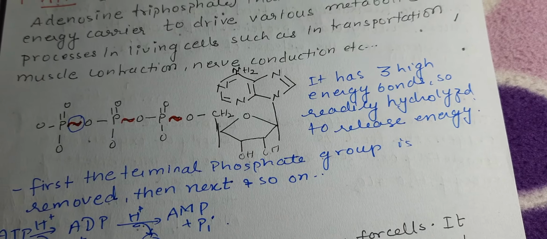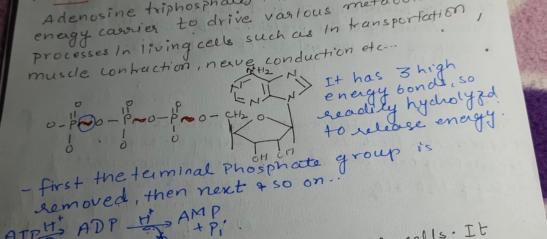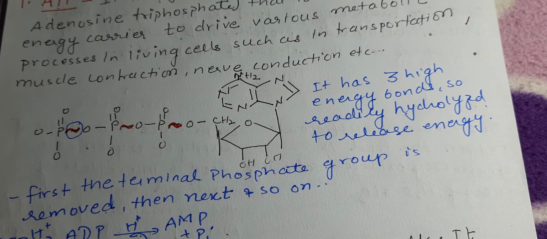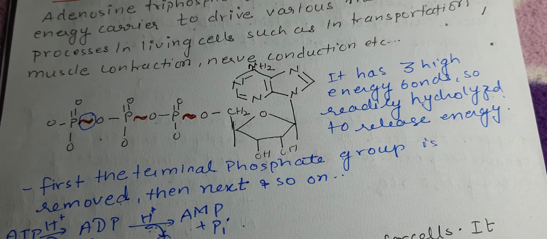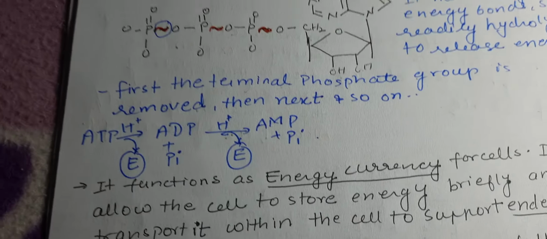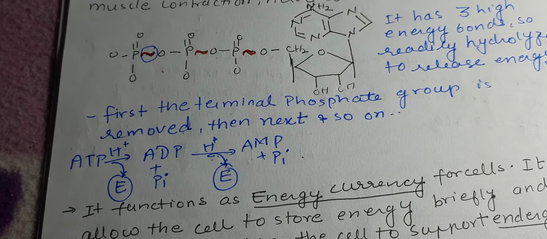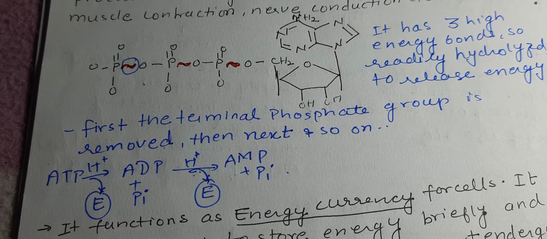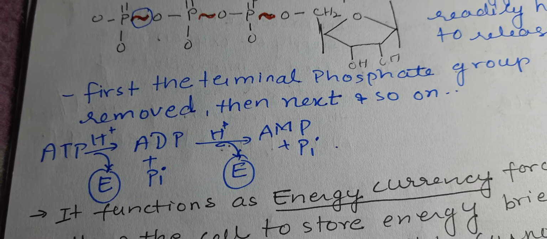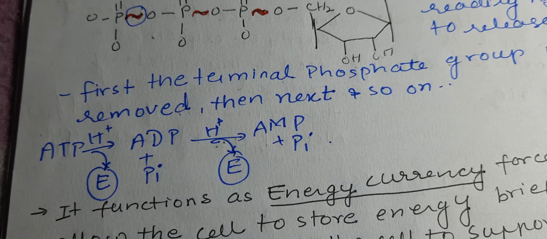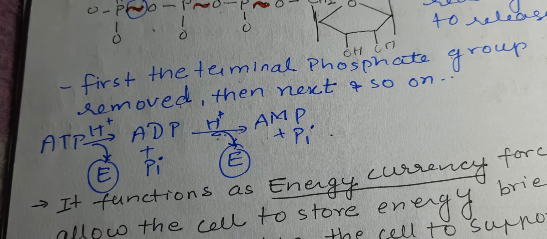It has three phosphate bonds. These are high energy phosphate bonds, and they are readily hydrolyzed to release energy. First the terminal phosphate group is removed, and then the next, and so on. When the first is removed, ATP is converted into ADP plus Pi, where Pi means inorganic phosphate.